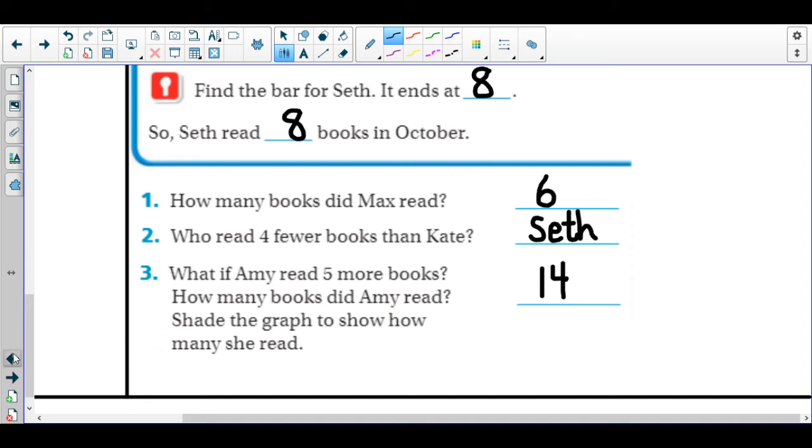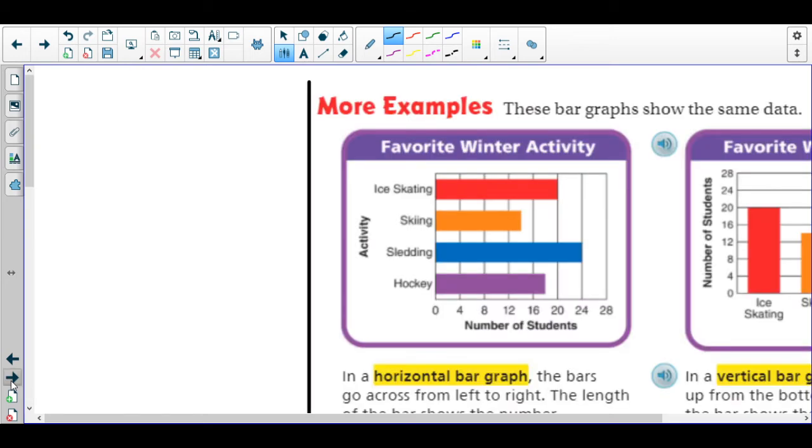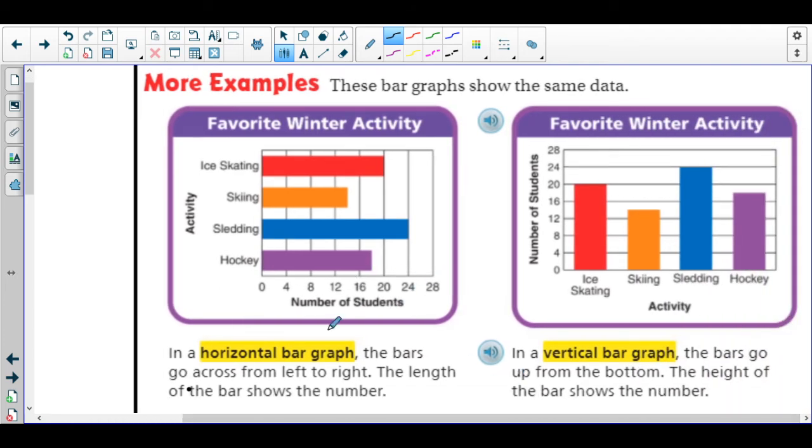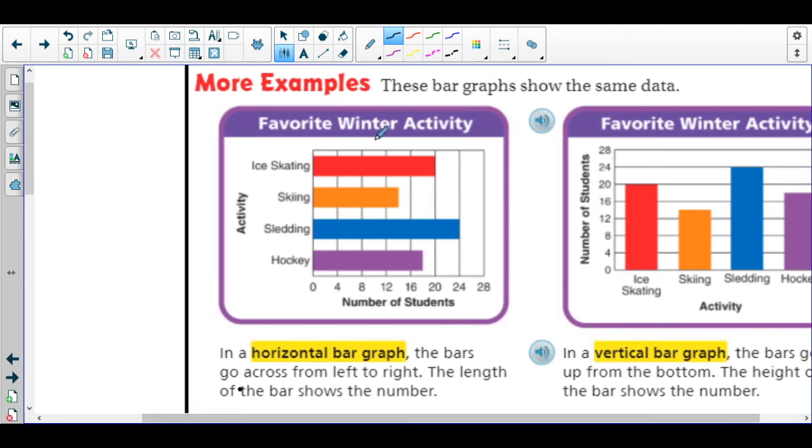Okay. Moving right along. Let's take a look at the next page. And we have some more examples here. Now, a bar graph can go horizontal, which is from left to right, or it can go vertical, up and down. And one way that I remember this, and again, my little helpers may or may not help you, but when I'm looking at horizontal, I think, okay, H for horizontal. What makes the H an H?